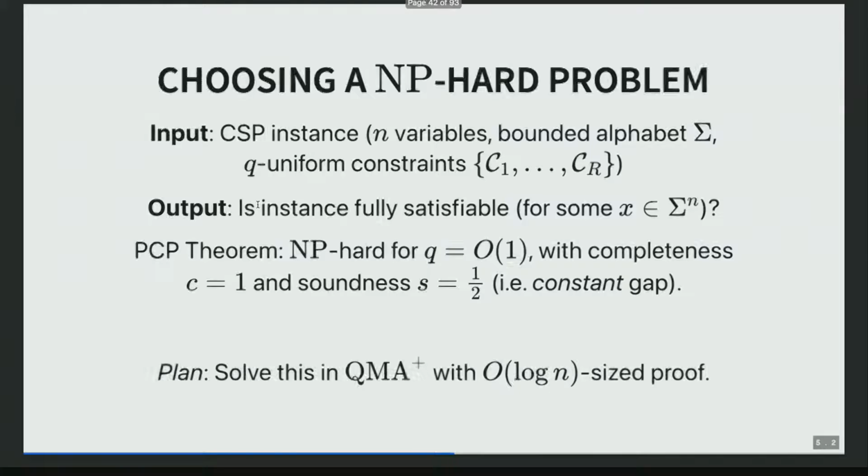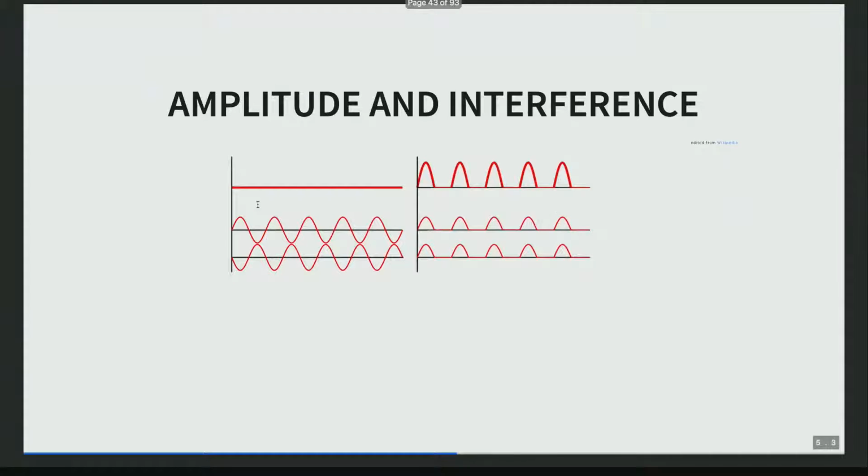So the plan is to solve this in QMA plus with a logarithmic size proof. I want to give you a picture here. This helps me understand what positivity is doing. On the left, we have two wave functions that have positive and negative amplitudes, and they can cancel. You add these two wave functions and they disappear.